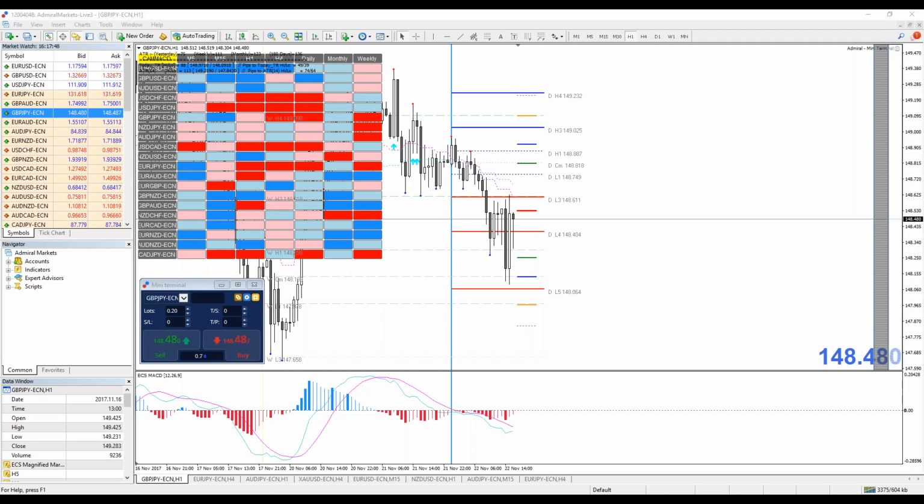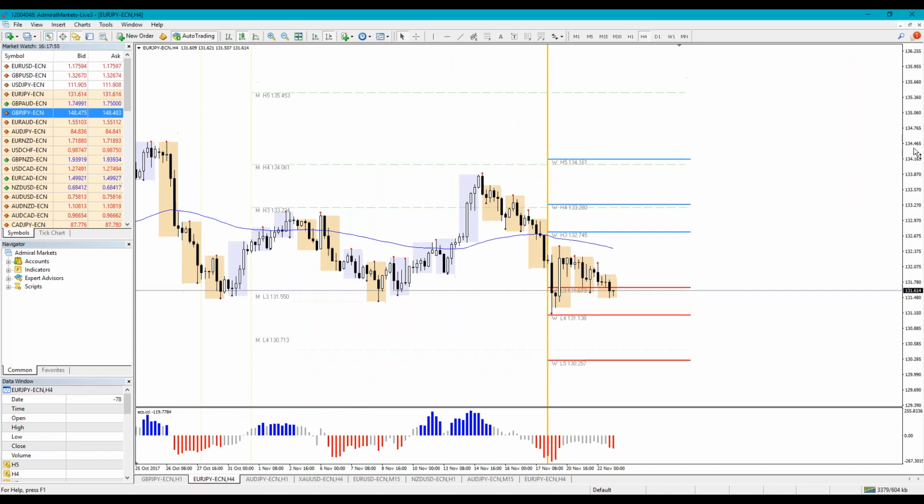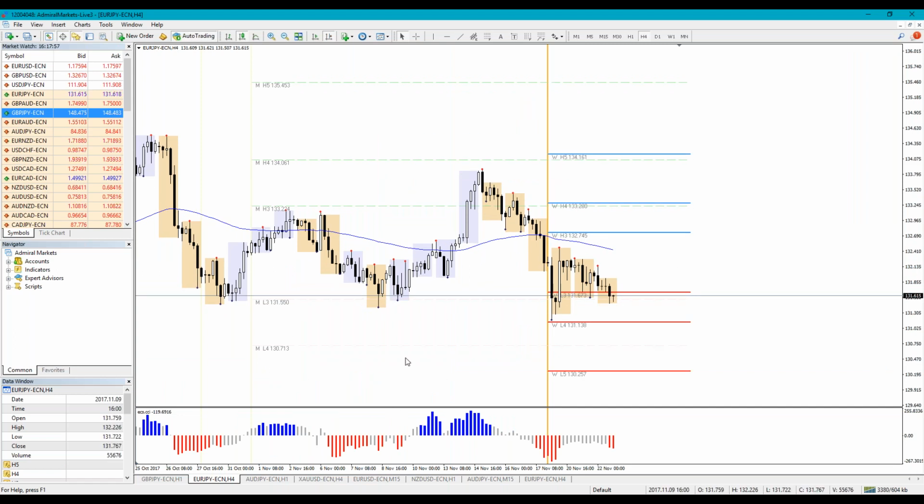You can also have a price action trading school template. This is the price action trading school template, because some people don't know how to use MACD.